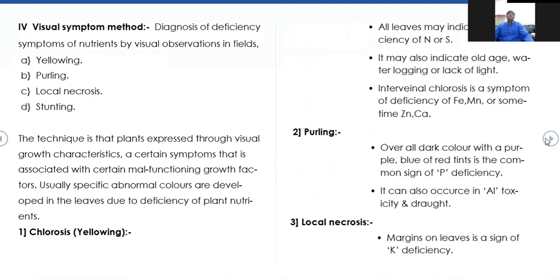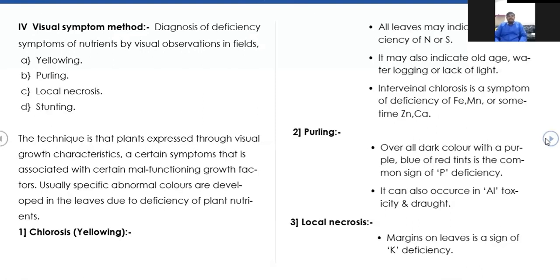Visual method means showing visual symptoms for deficiency of nitrogen. We have come across yellowing: leaves of the plant turn yellow, follow the process of chlorosis, then necrosis, final necrosis.